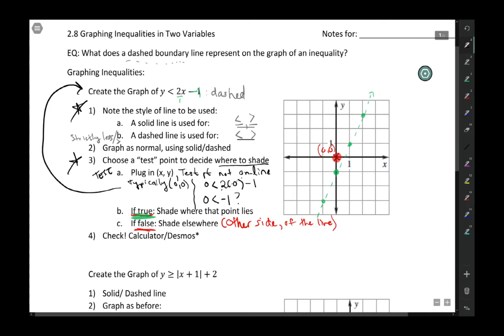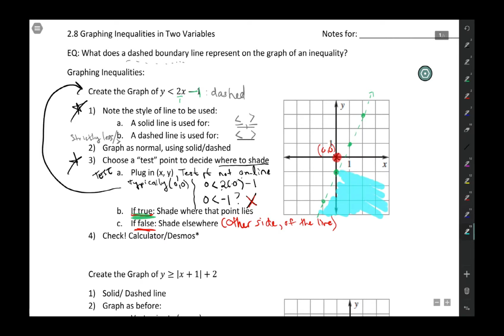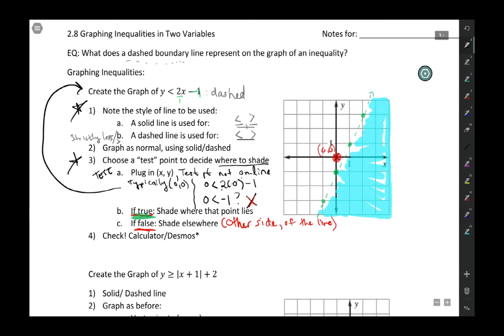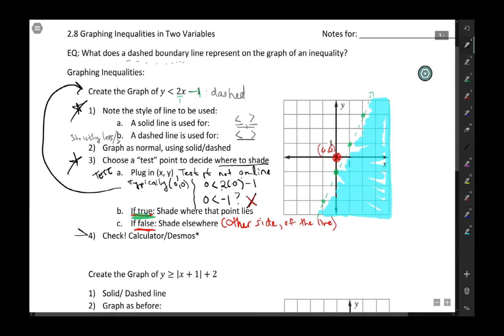Is 0 less than -1? No. That means we want to shade everywhere else. Okay. So a dashed line and shading is also required.